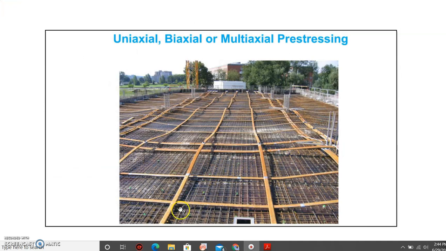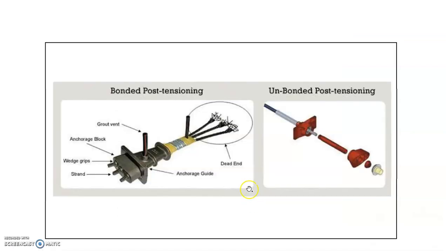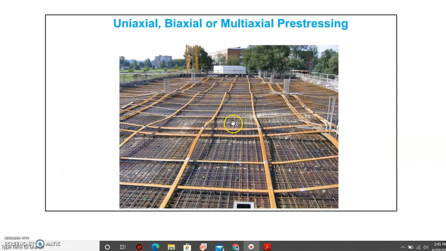So now, if pre-stress is provided in this direction only, this is uniaxial. If pre-stress is provided in this direction as well as in this direction, it is known as biaxial. If pre-stress is provided in all the directions, like here, here, right, if tendons are provided in all the directions, it is known as multi-axial pre-stressing.